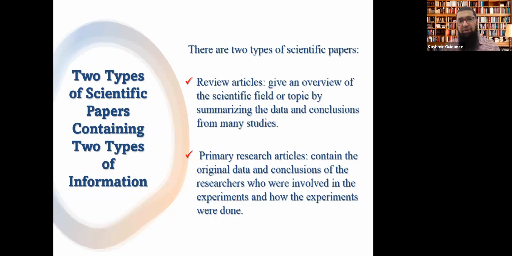A review article is a collection of literature on a particular topic. It gives an overview of the scientific field or topic by summarizing the data and conclusions from many studies. For example, you want to write a review article on climate change and its impacts on India. This is your topic.